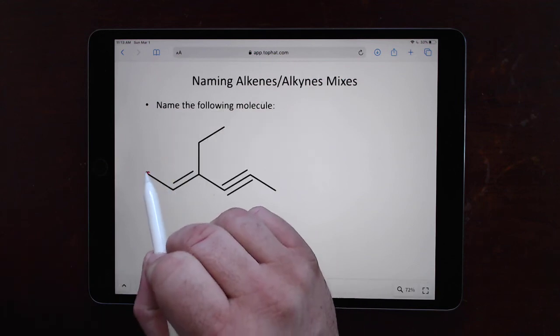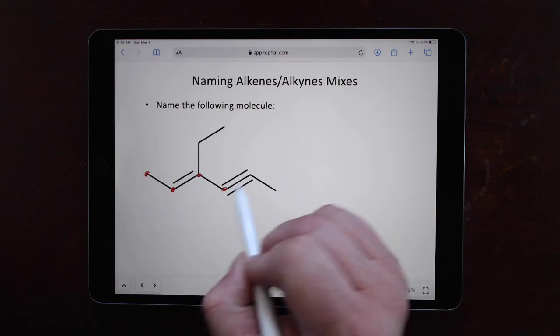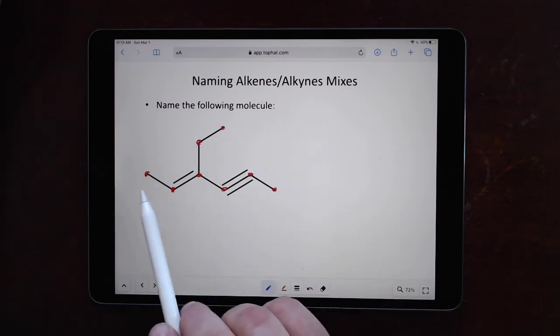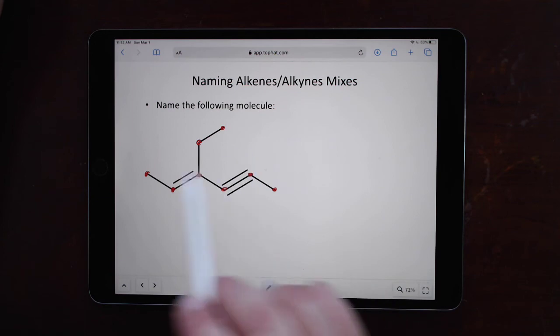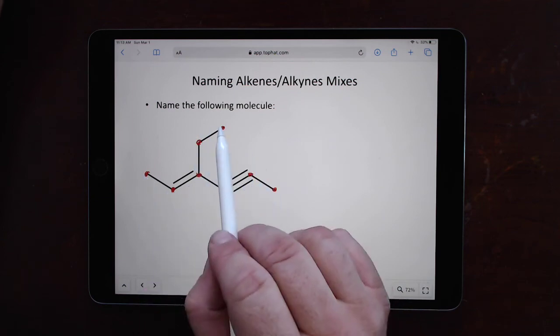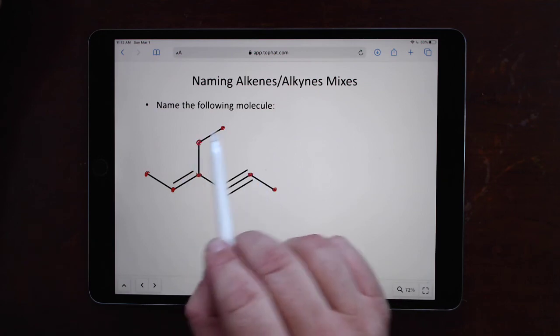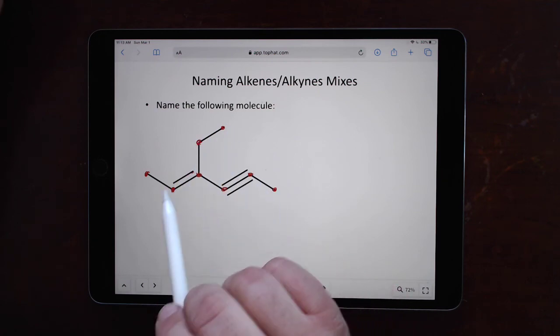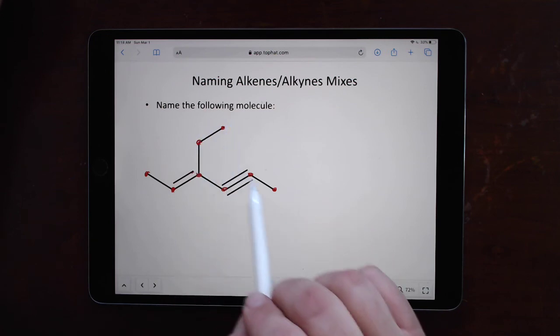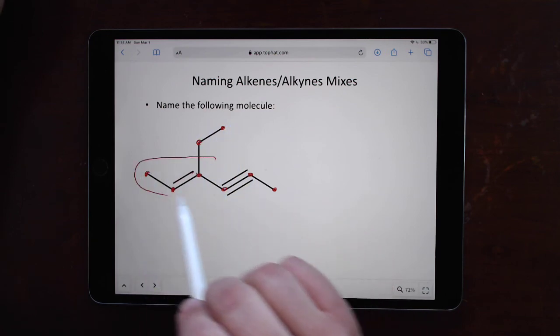So if we got this one right, our main chain is going to have the double and the triple bond in it. So it needs to be 1, 2, 3, 4, 5, 6. You can say, wait, hold on, why can't you just do this? Well, you have to have the whole alkene in it. You can't just do a glancing blow with this one here. It's got to be this guy right there.